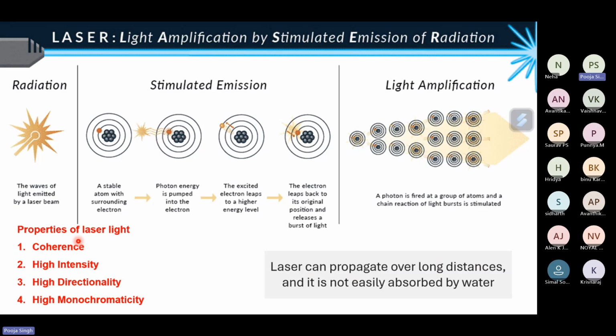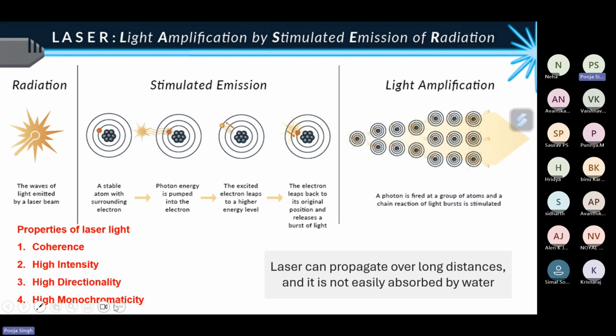So what are the properties of laser light that we have to study? First is coherency, which we have seen. Coherency means you will have the same wavelength of light with the same phase. Then high intensity, because the light is getting amplified by different lattices of atoms. Then high directionality. Directionality means collimation, which means a parallel beam of light, which we will study.